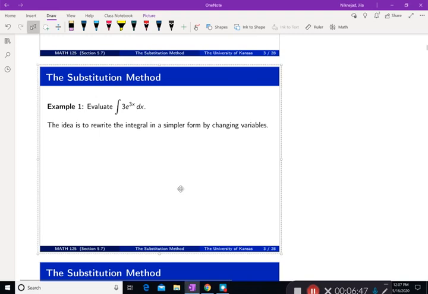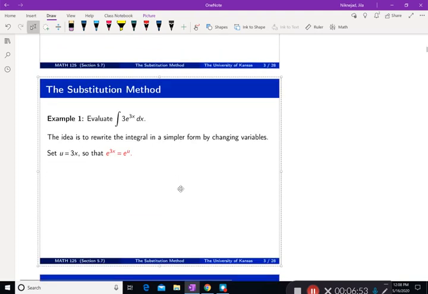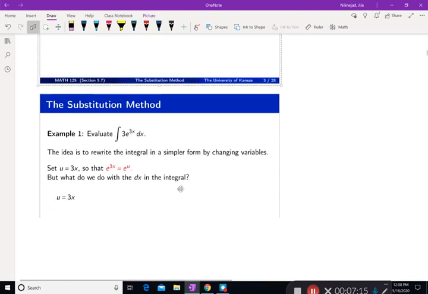So again, to evaluate the integral, you rewrite the integral in a simpler form by finding the inner function, which is 3x, replacing the composition, the derivative of the composition, with the derivative of the outside at the inner function, by basically removing the inner function and replacing it by u.